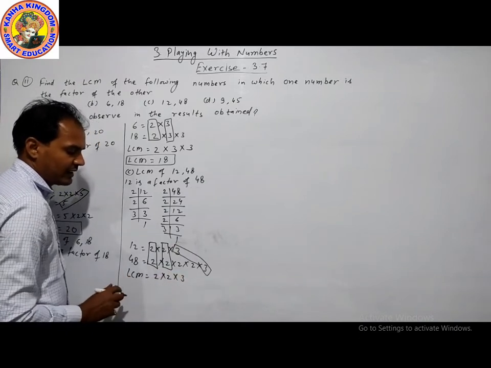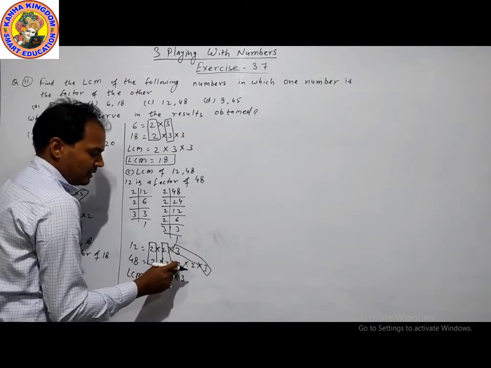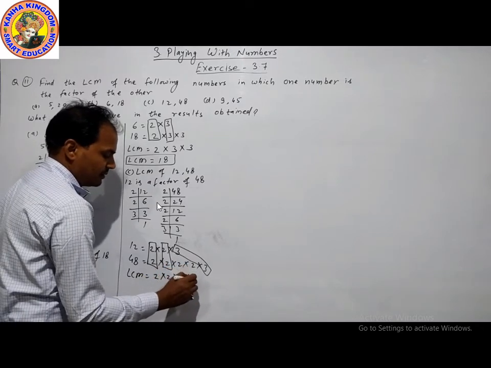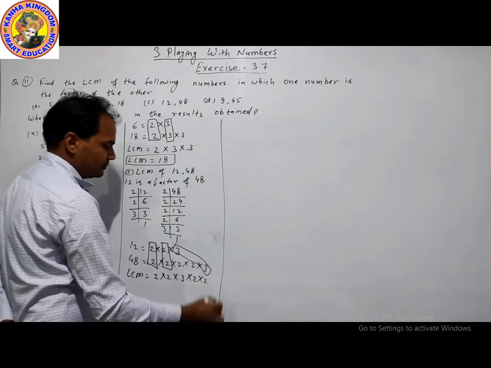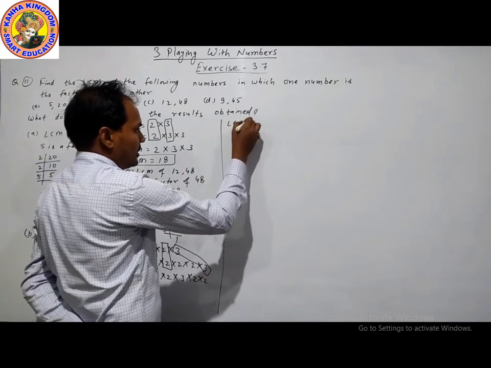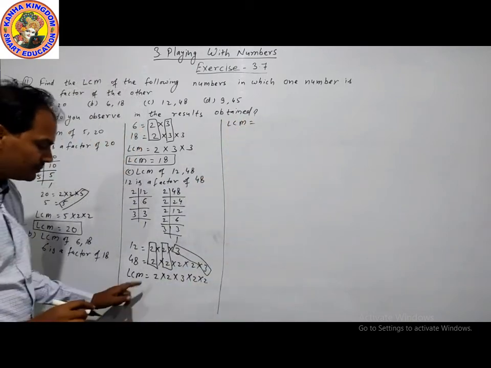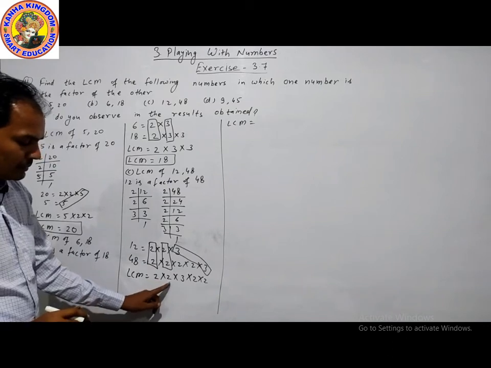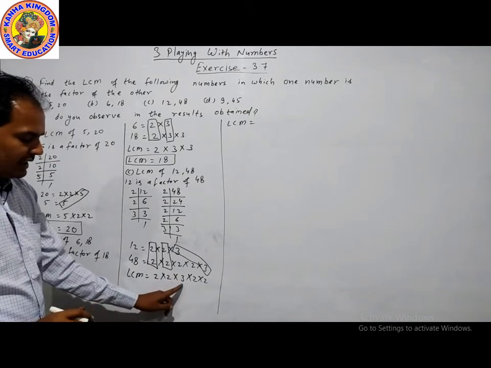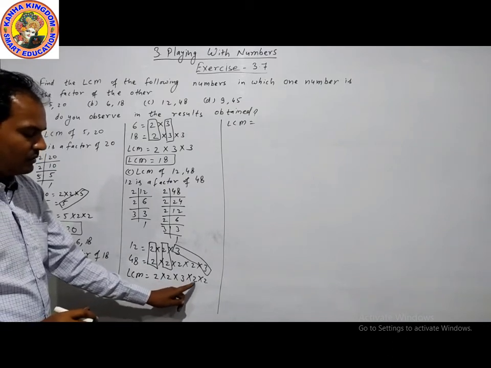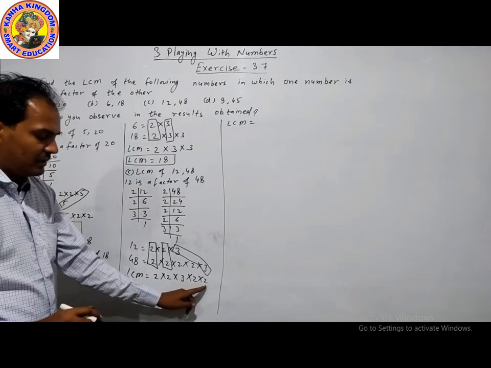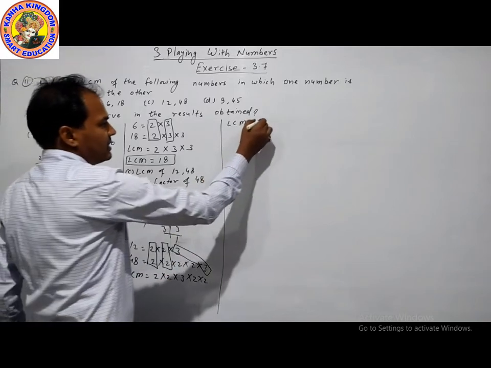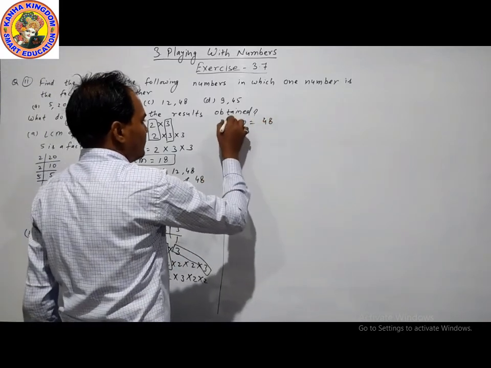Now remaining factors 2, 2. So our LCM is 2 into 2, 4, 4 into 3, 12, 12 into 2, 24, 24 into 2, 48. The LCM is 48.